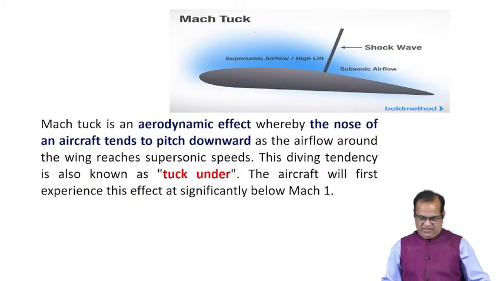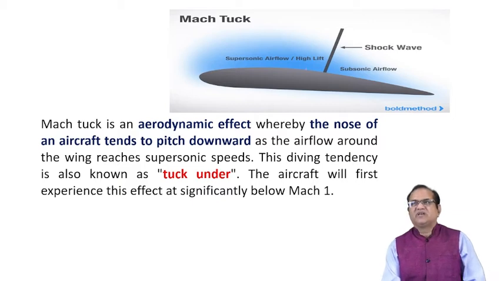Now here in this diagram, you can see this is the wing, and you know that in the supersonic airflow, a very high lift will be generated in this zone. From here to here, this is a high lift zone.